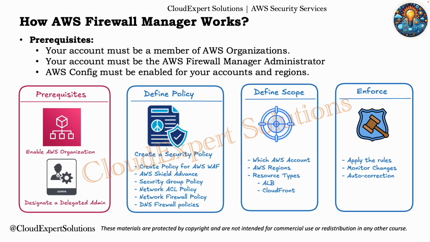That means if someone makes unauthorized changes, AWS Firewall Manager can either notify you or proactively remediate that drift. So in simple terms, you define once, scope it carefully, and Firewall Manager enforces and maintains security everywhere for you.